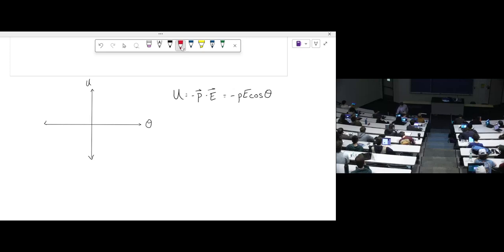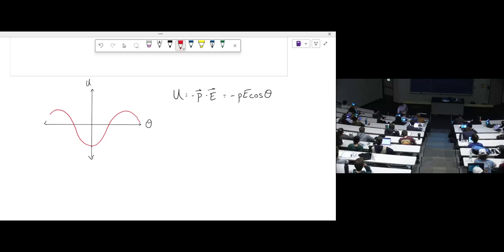And so what I'm trying to get you to see is the potential energy function is therefore going to look something like this right here, where we've got that nice cosine function.